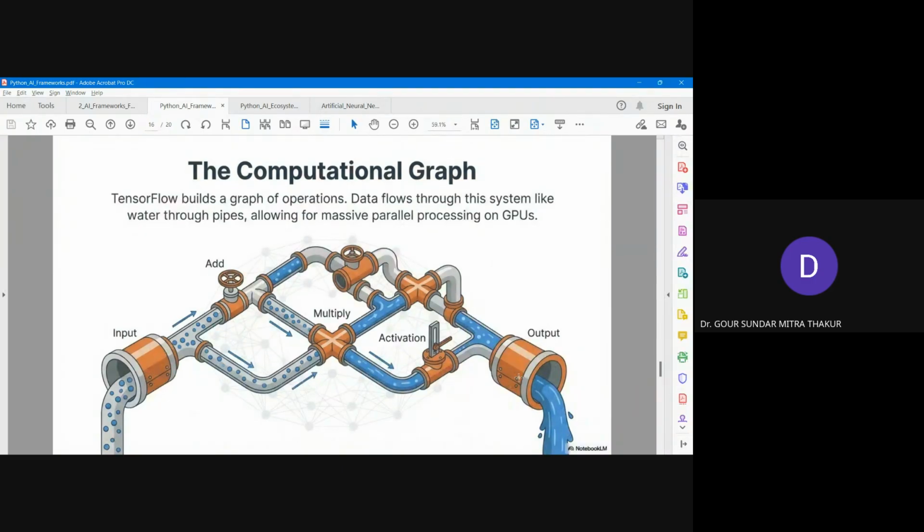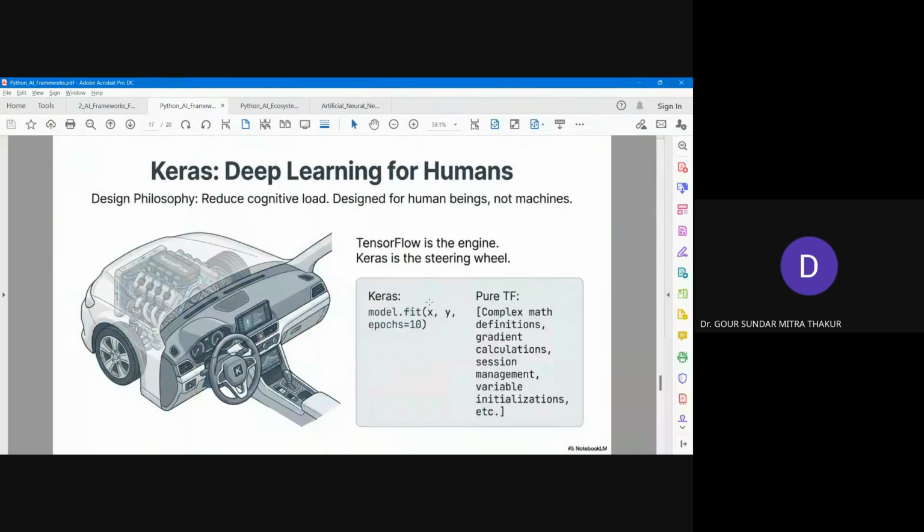It is an example of a pipeline system where the input is given, then add is an operation, multiplication is an operation, then activation and some other operations. In deep learning, there is vector processing, optimization, gradient descent, calculating probability, multiplying two matrices. Different nodes are there, but TensorFlow keeps track of all these operations very effectively and efficiently.